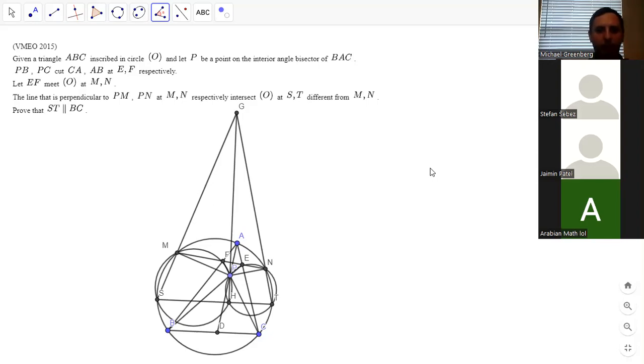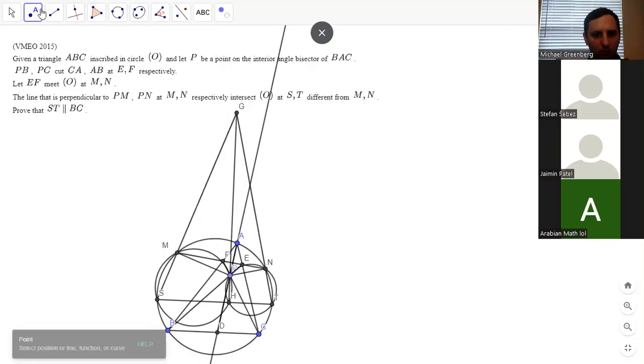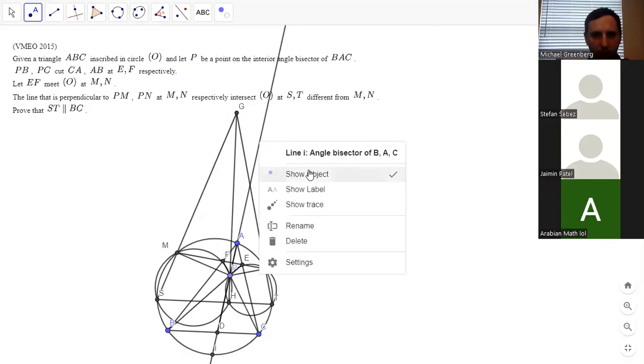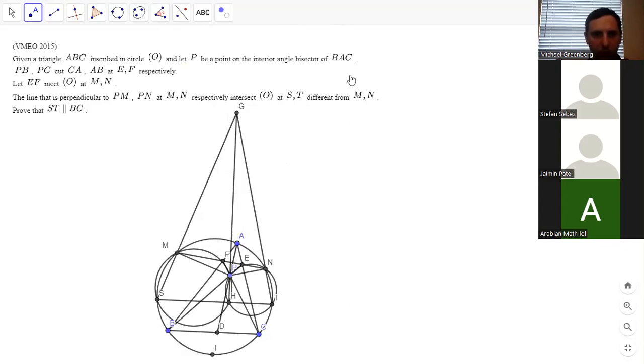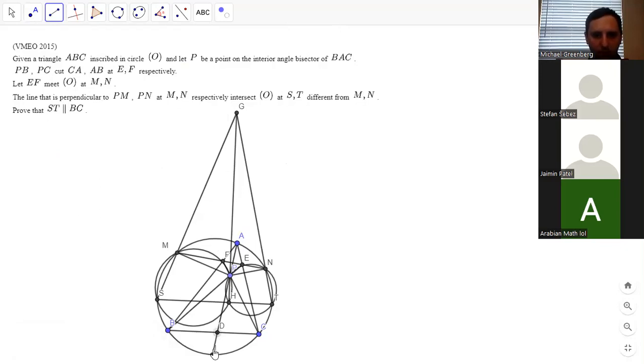I don't know if it's worth drawing the midpoint of arc BC and then using that P passes through that. Draw it. It doesn't look like a bad idea. Okay. There's the midpoint of arc BC. Call it I.